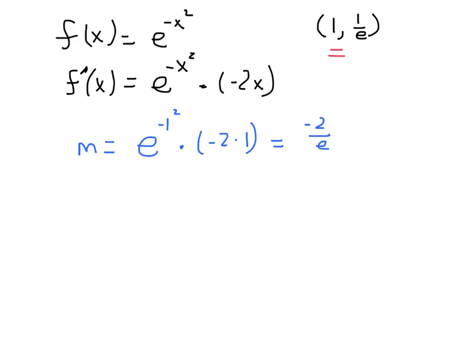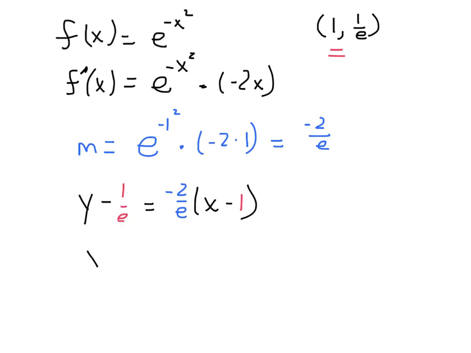Alright, so let's get the equation for the line. We have y minus y1, which is 1 over e, equals m, which was negative 2 over e, times x minus 1, which is our x1. So those are the values we plug in, and then we can do a little math to simplify this.